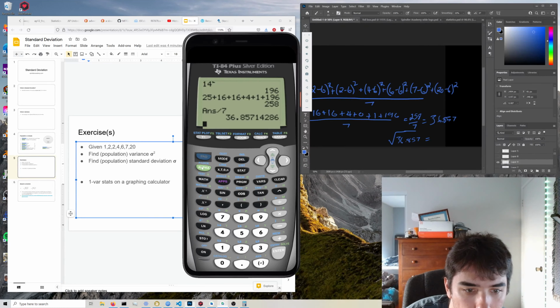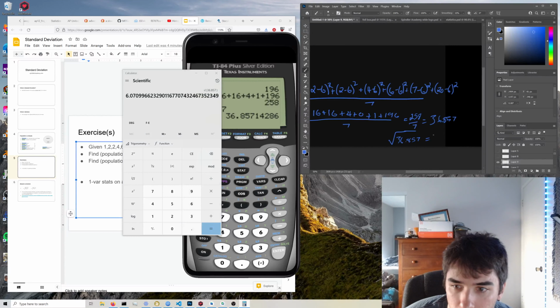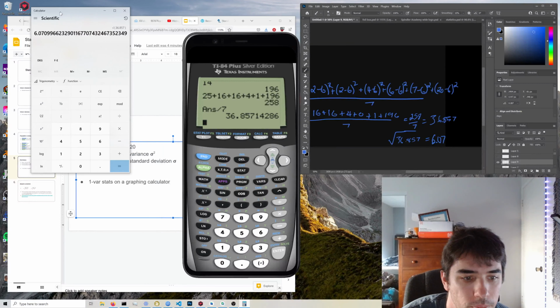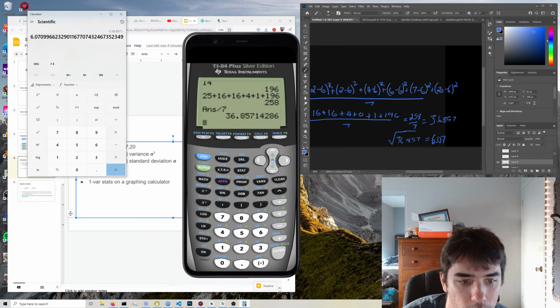I can't do that on this calculator, but the actual calculation is 6.07. So that's the standard deviation sigma, and 36 is the variance.